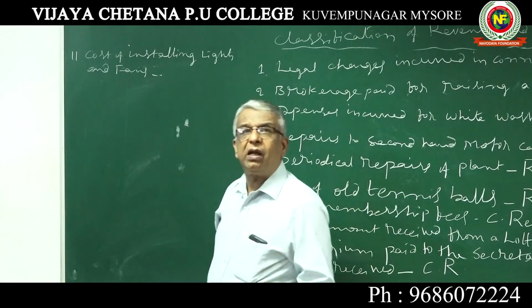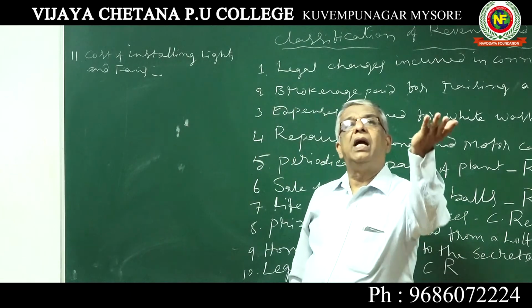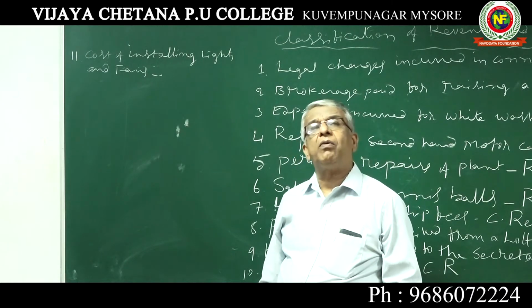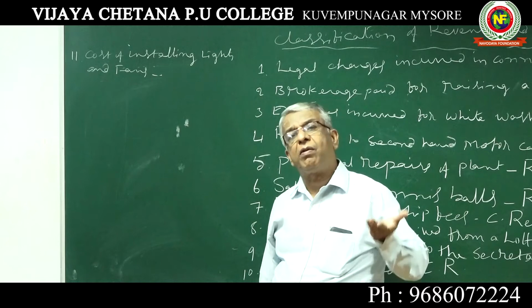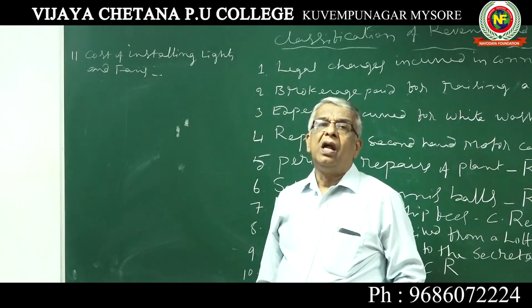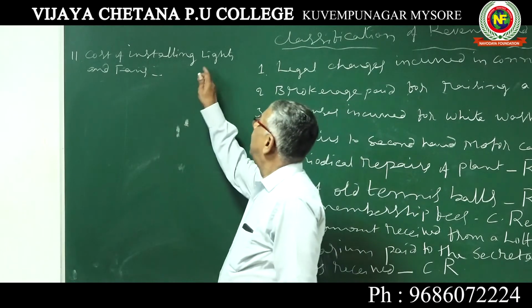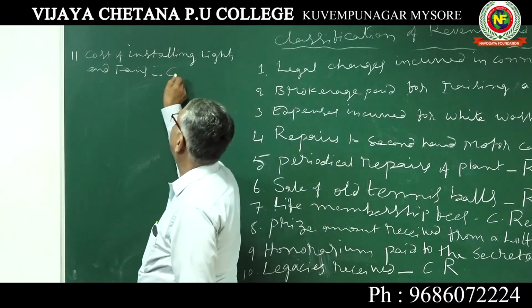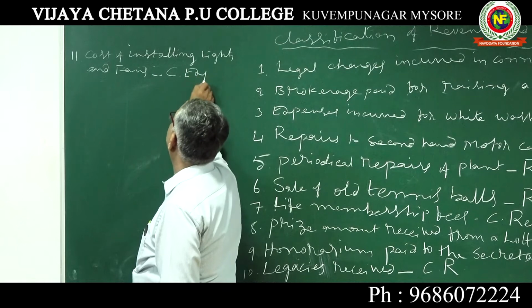We are going to get the benefit of these lights and fans for a longer period. So whatever amount is spent by a not-for-profit organization in installing lights and fans is a capital expenditure.